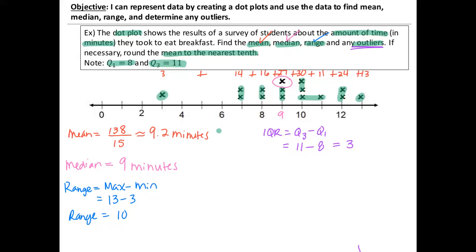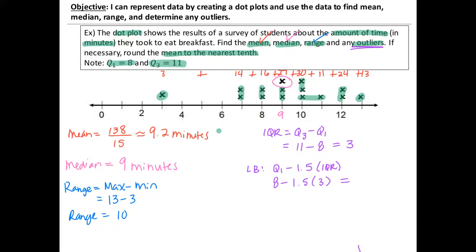Then for my lower bound, I'm going to do Q1 minus 1.5 times the IQR. My Q1 is 8, so plug in 8 minus 1.5 times my IQR, which is 3.